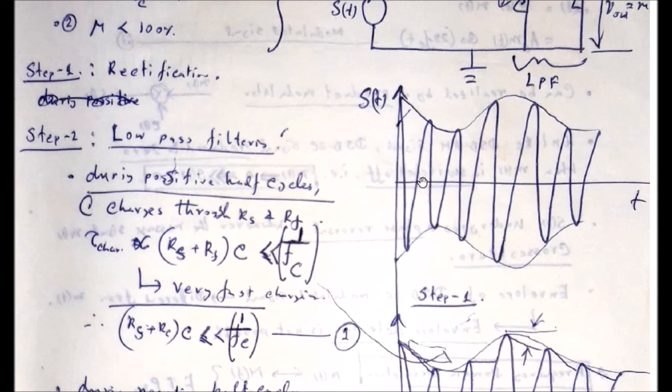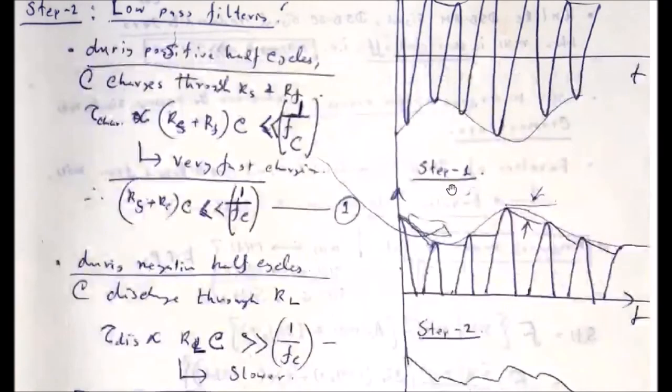That means 1/f_c is the time period of the carrier signal, because the charging should be sharp enough to follow the sharp increase. That's why the charging time should be much smaller than the time period of the carrier signal. So (R_S + R_F) multiplied by C should be lower than 1/f_c.